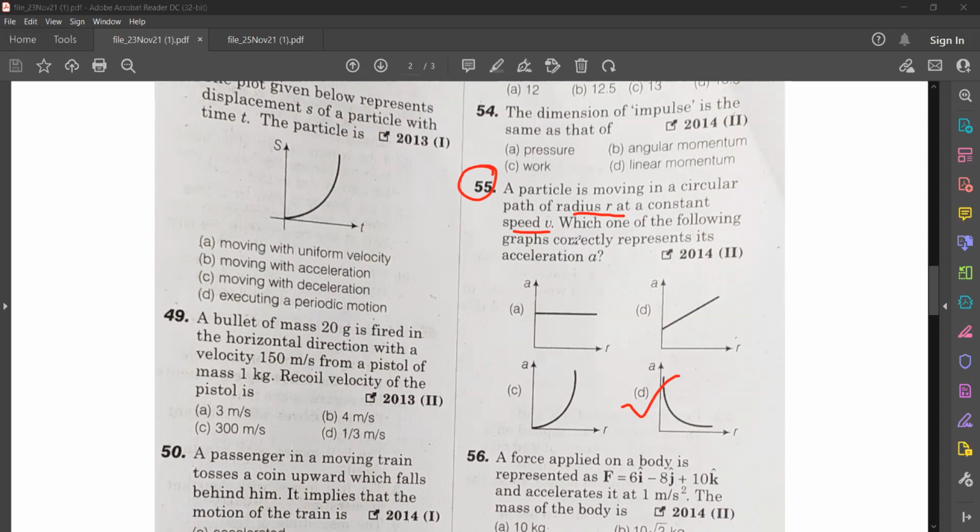So this one is not correct. Then it cannot say acceleration is uniform, so that is also wrong. Now here they are saying constant speed, so this is also wrong. So the correct answer is option D.